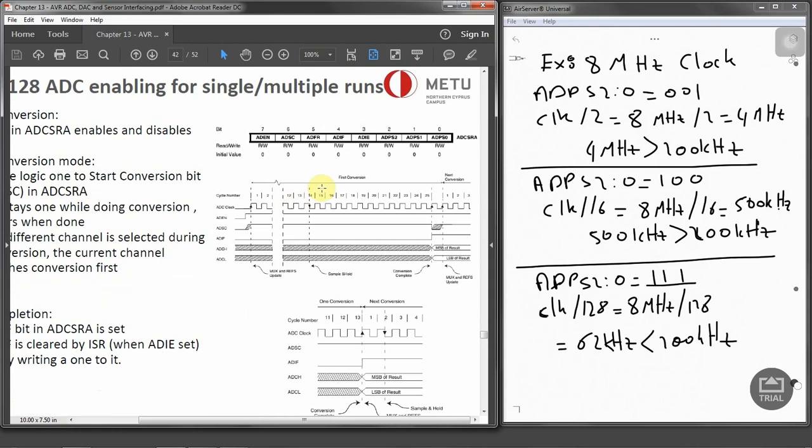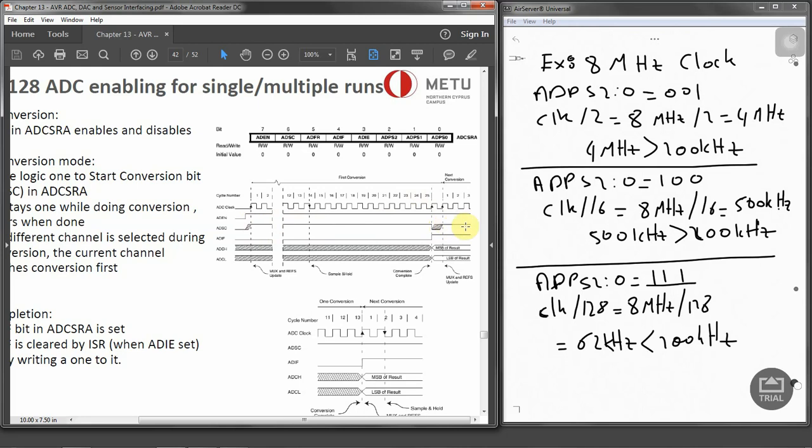Now with the single mode, what we need to do is first set ADSC, the start conversion bit, to 1, and keep it 1 until the end of the conversion. This will be cleared by the hardware when the conversion is completed, so we don't need to do anything on the software side. When we raise this, it will start the conversion. After the conversion is done, it will fall down, and then for the next conversion, it will go back up and carry on.